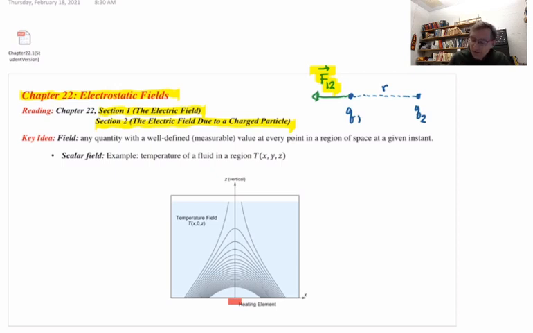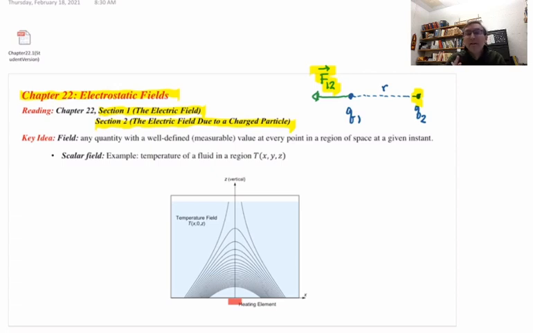Each of these particles, let's start with particle 2, just because of the fact that it has charge and is sitting at a certain location in space, creates in all of space around it what's called an electrostatic field. The electrostatic field is created by charge 2 merely because particle 2 has charge.